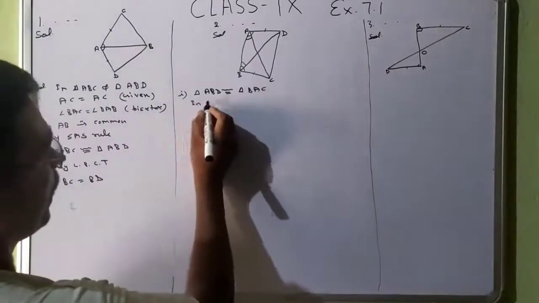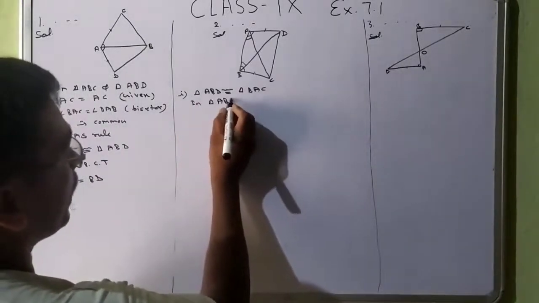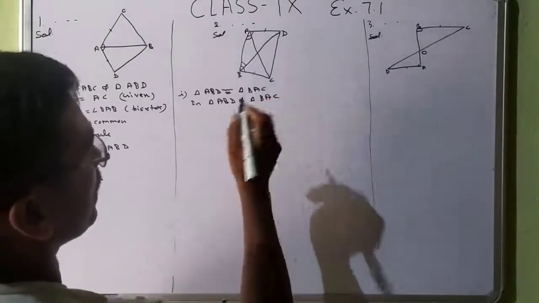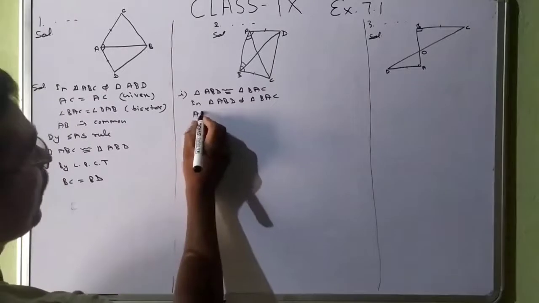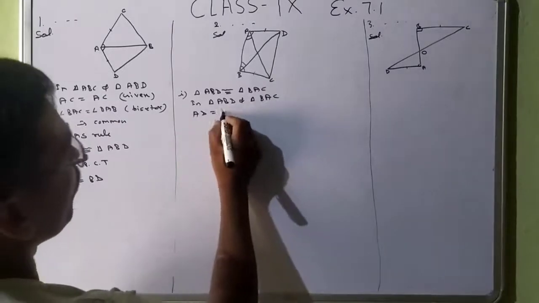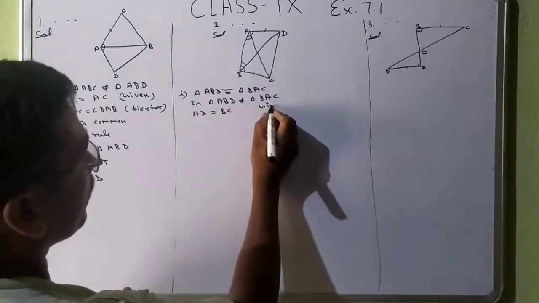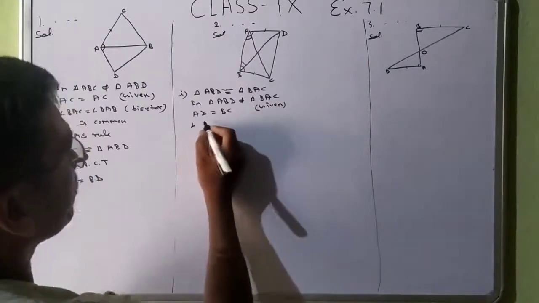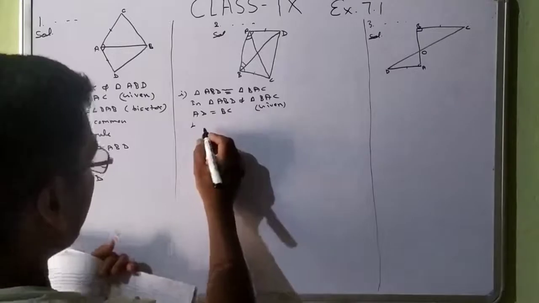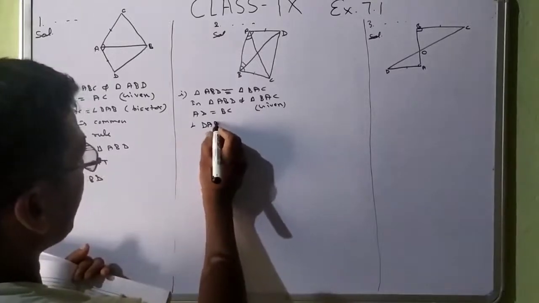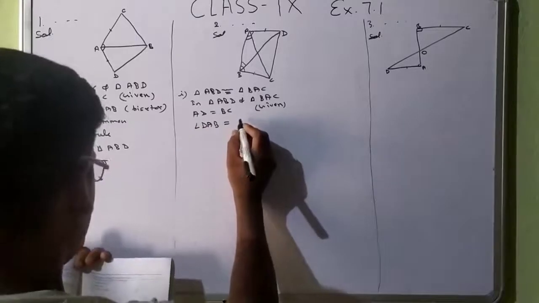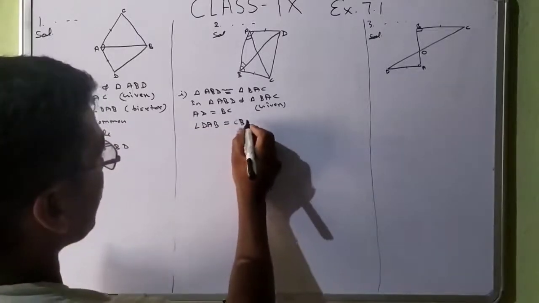So in triangle ABD and triangle BAC, AD is equal to BC. This is the given, right? Angle DAB is equal to angle CBA.